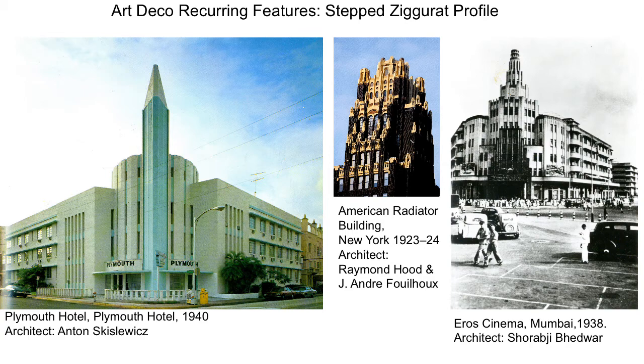Here we can see again the ziggurat's profile of the American Radiator building and of Aero Cinema, a beautiful building with elaborate Art Deco detail. Eyebrows, eyelids, corner entrance, cylinders, cubes, and that signature spire at the top of the side entrance.